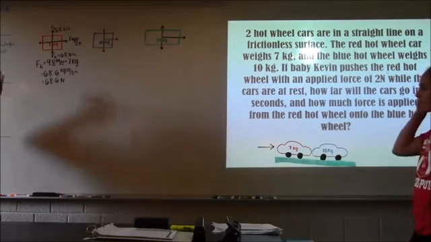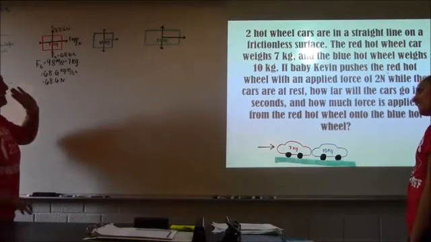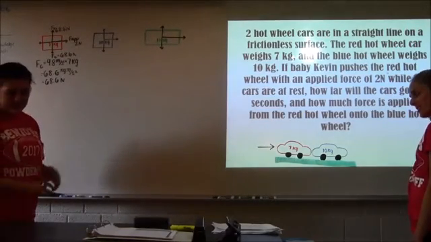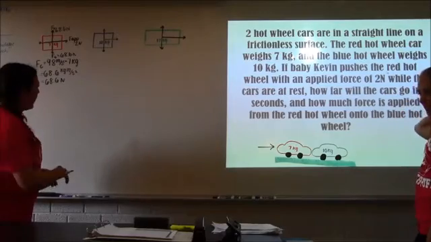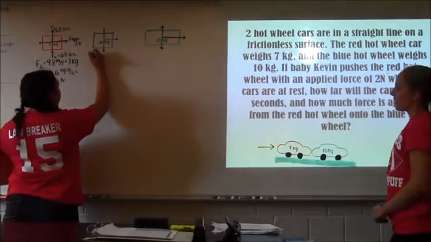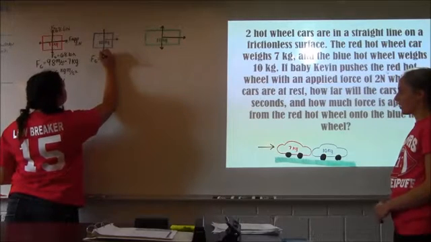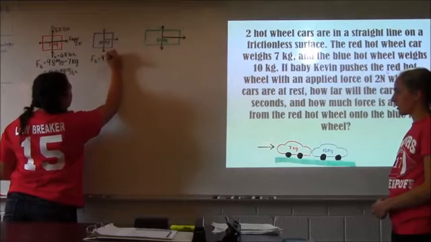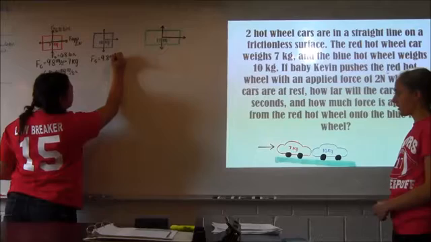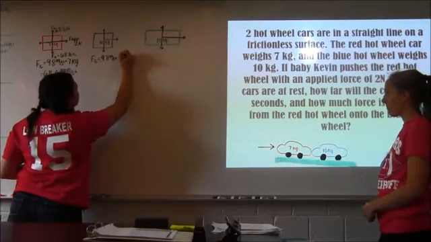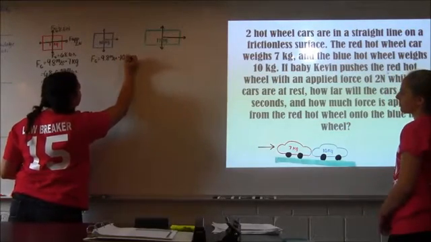Okay, now we completed that, so we can move on to the next one. With the blue car, for the gravitational force, we're going to use the same process, except this time it's going to be 9.8 meters per second squared times 10 kilograms.